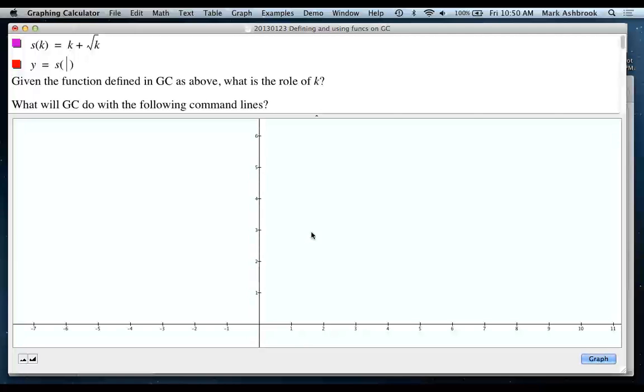Melanie? What's going to happen? Okay, Christian: wouldn't it just come out as 2 again because you haven't defined k yet? So in this line, if I use k, what will it be?